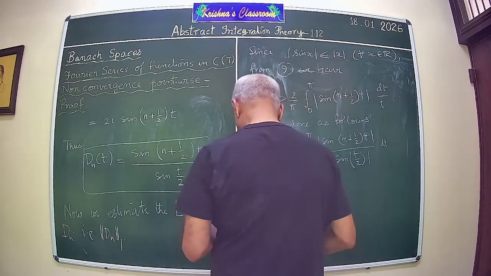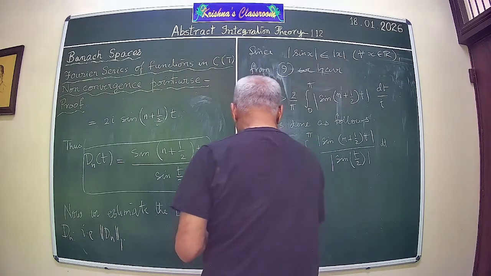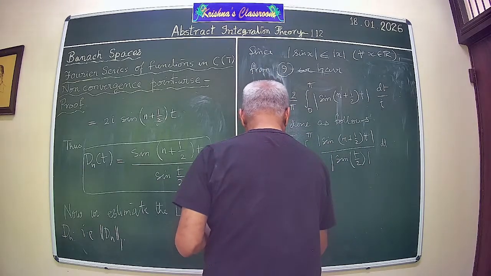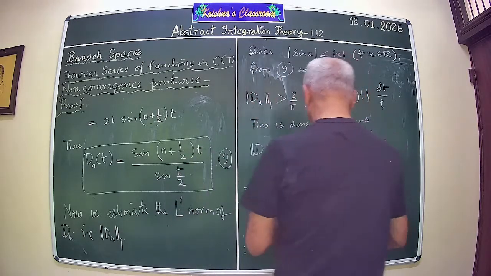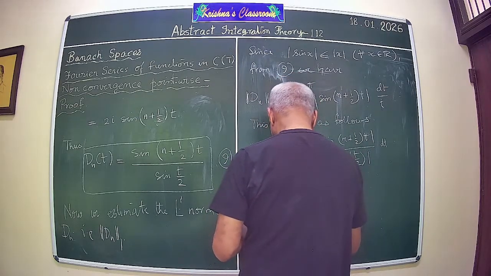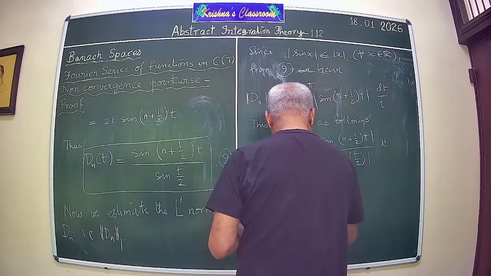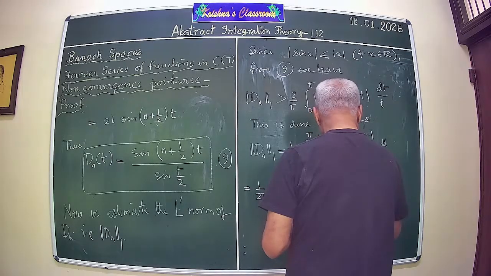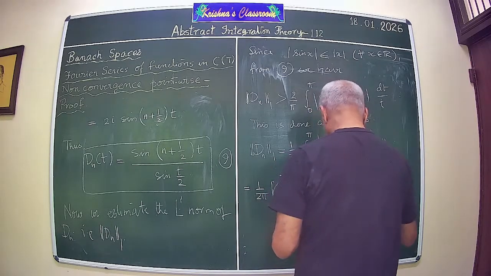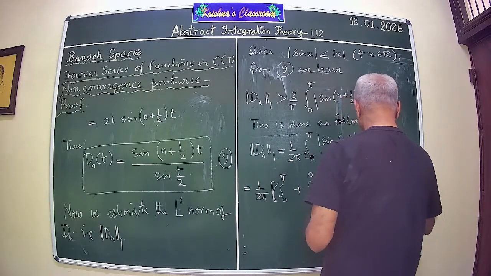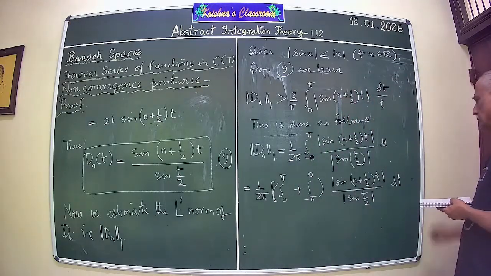Therefore you get this is equal to 1 by 2 pi dt. Now this is the integral that you come.